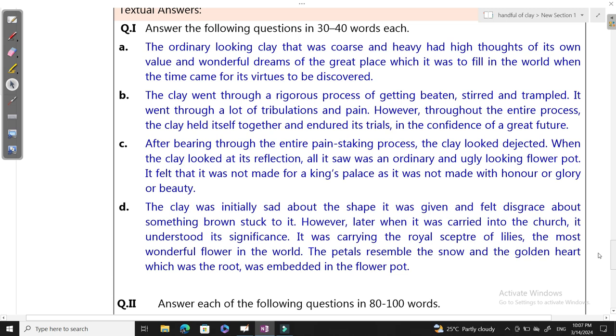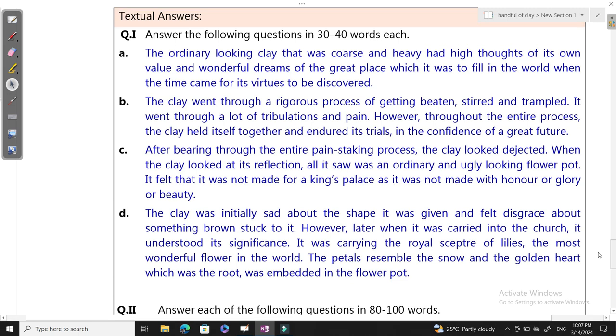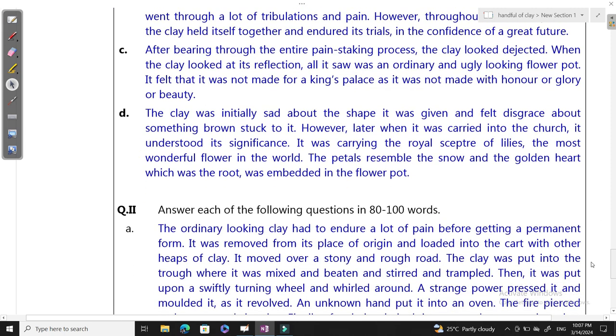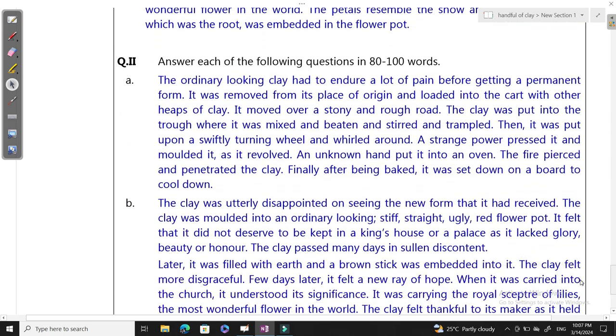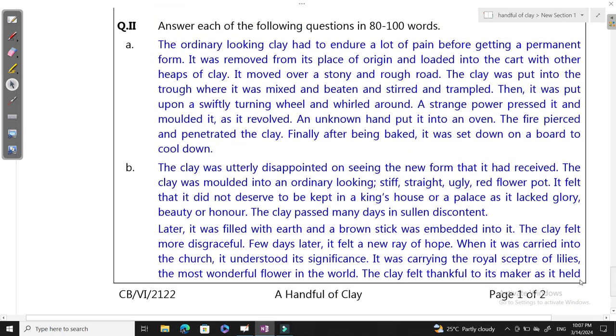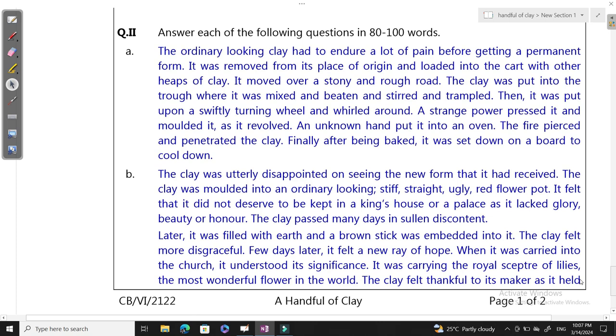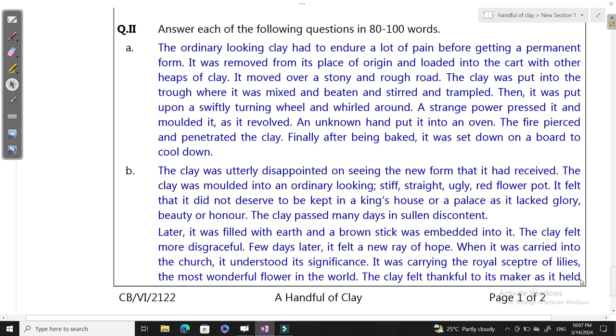There are four questions, so these are the four questions and answers. Now there are two long answer questions, open-ended or personal response type, understanding based questions. So read the questions first, then find the answers, and I suggest that you don't copy the answers as they are. It's my suggestion to you all.